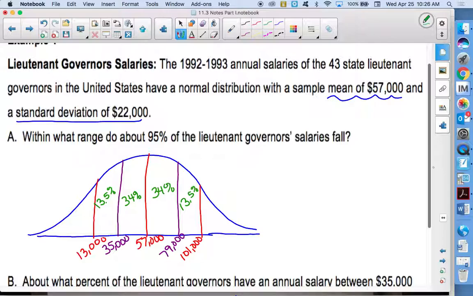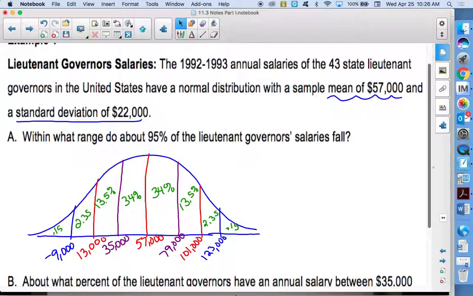And then one more time. This one's going to be negative. What's 13 minus 22? Negative 9,000. And then 101 plus 22 would be 123,000. And that percentage is 2.35 and then just 0.15 left.